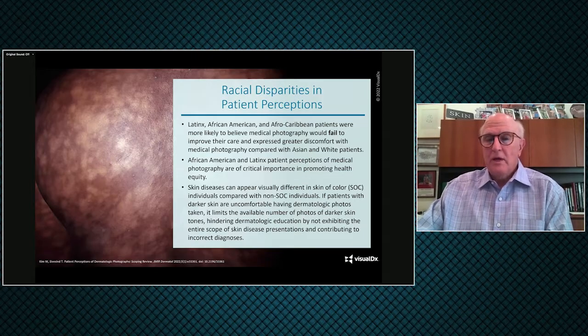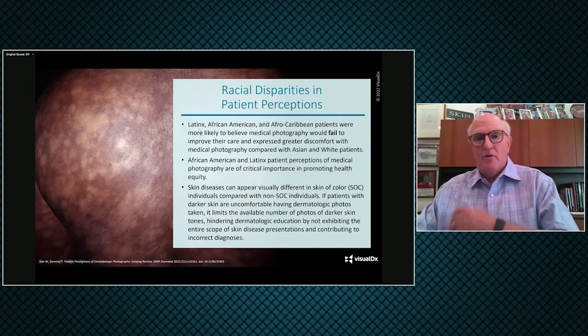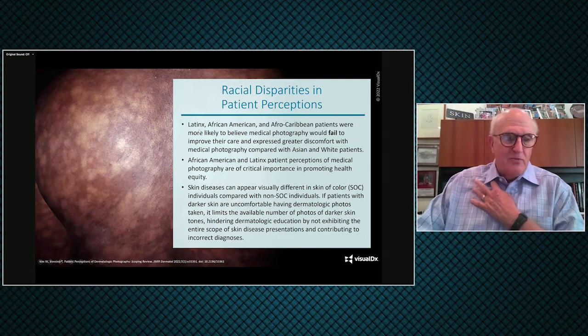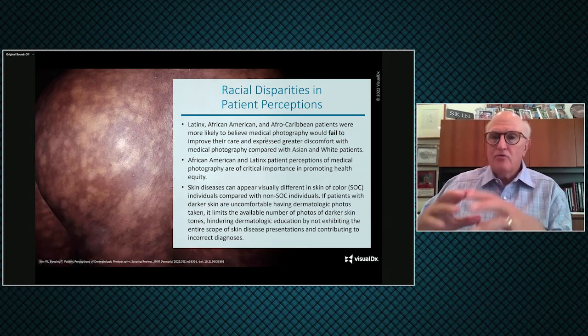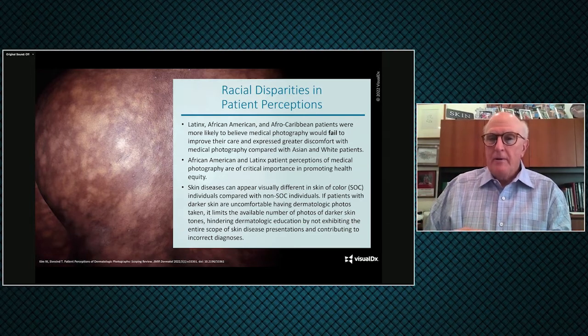There are racial disparities like everywhere else. Patients who are, and whether this is the appropriate term, it is what was used in this article, Hispanic, African American, Afro-Caribbean, those groups in general have been less accepting of medical photography than people from Asian countries or people who are considered Caucasian.